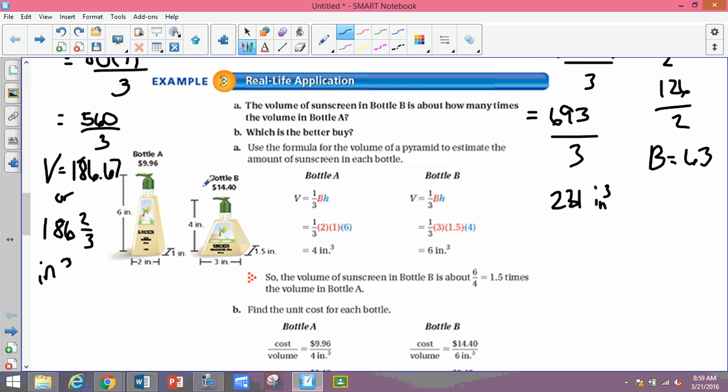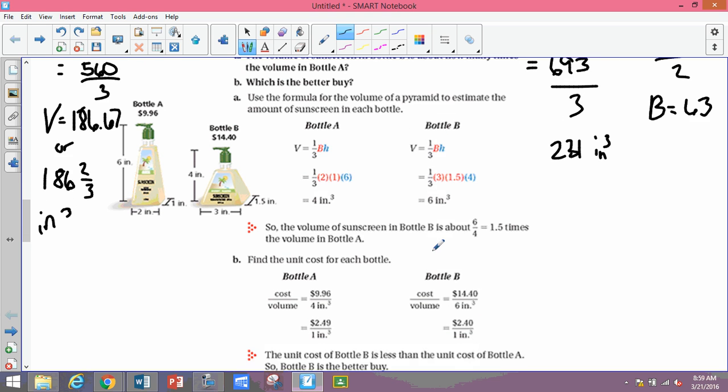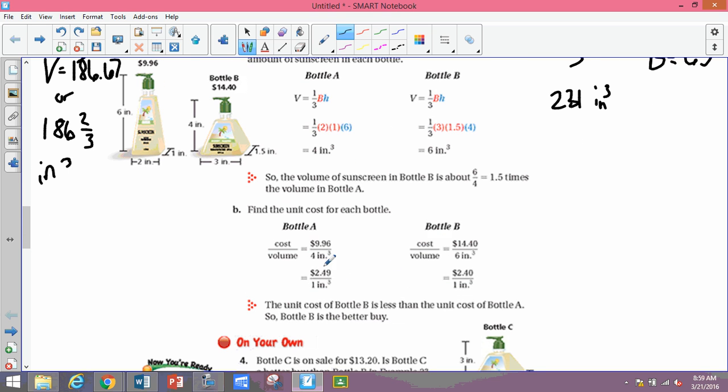So you would calculate a unit cost. $9.96 divided by 4 and $14.40 divided by 6 gives you a unit cost of $2.49 per 1 cubic inch and $2.40 per 1 cubic inch, which means bottle B is cheaper. So it's just taking your volume if you're not given your volume. In real life, almost all of the time they give you your measures of volume, so you would just calculate your unit cost. But it's taking what we did back in ratios and proportions and applying it to geometry.